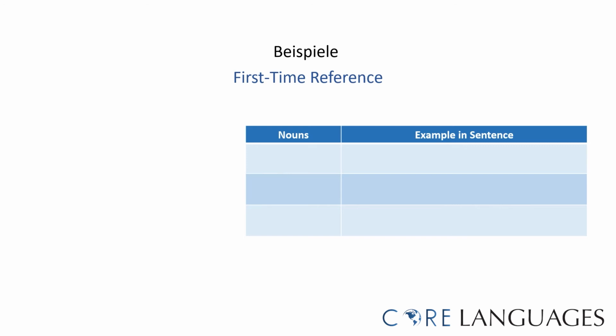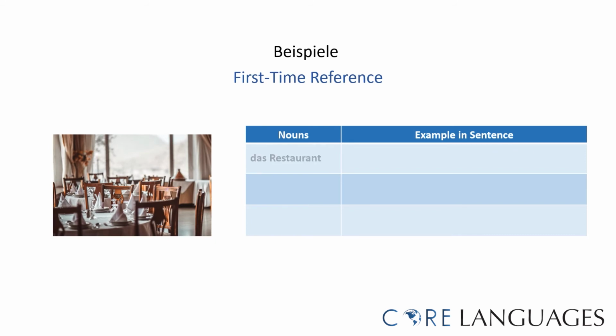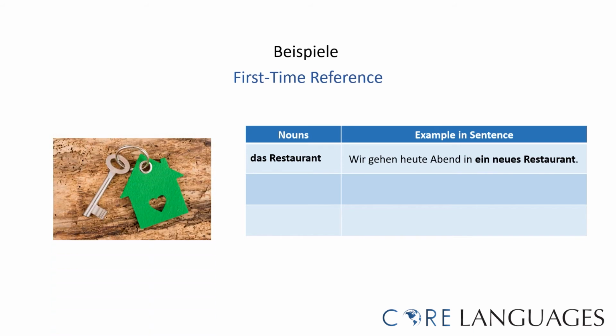Here are some Beispiele of sentences that refer to nouns for the first time. Das Restaurant, the restaurant. Wir gehen heute Abend in ein neues Restaurant. We're going to a new restaurant tonight. Der Schlüssel, the key.